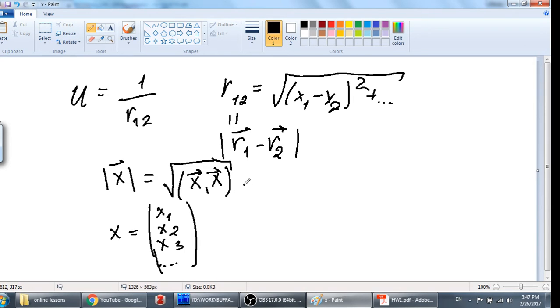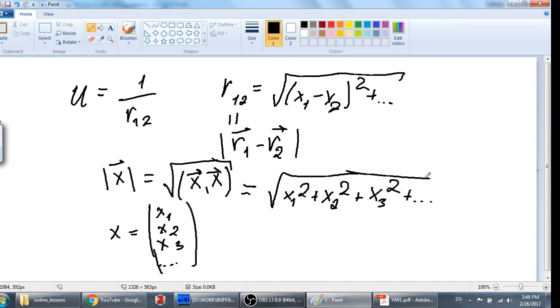That means this thing will be the square root of x1 squared plus x2 squared plus x3 squared, and so on, all those things. Now, in our case, this vector is a difference.